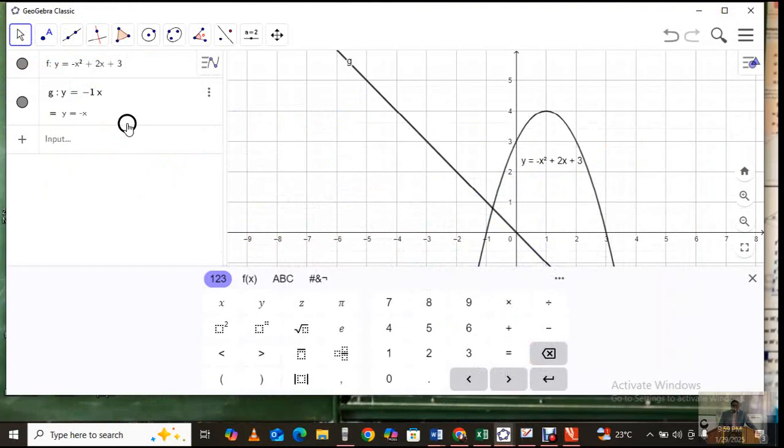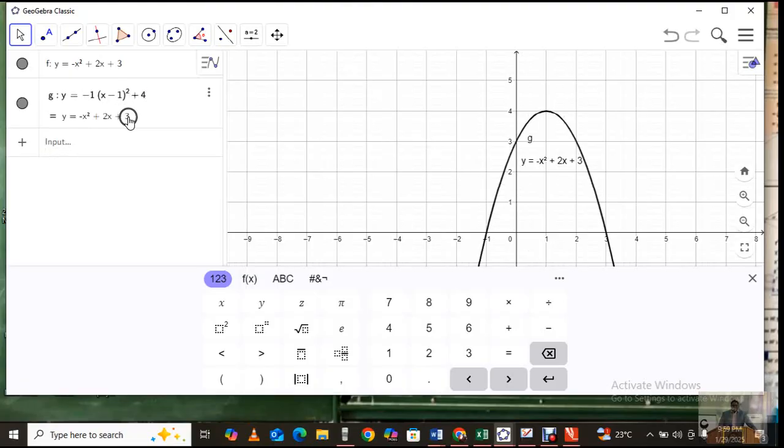Okay, x minus 1. So it's going to be x minus 1 minus 1. You follow? Again, I hope you can see. Raised to the power of 2. Okay. Plus 4.